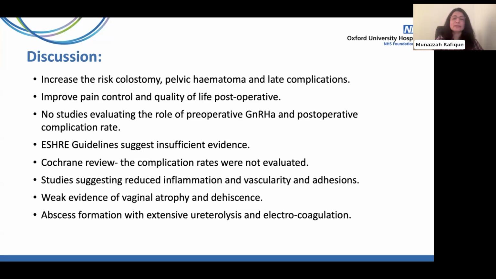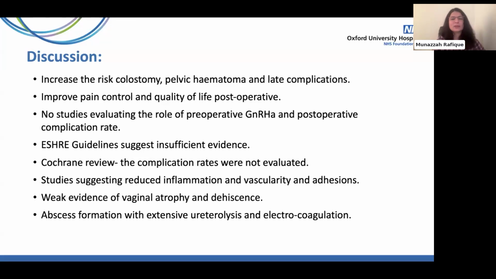However, we find these results. There was no previous study with which we can compare the complication rate with preoperative GnRH use. However, we find that the ASRM guideline suggests insufficient evidence about the complication risk of preoperative use of GnRH. We have 2 Cochrane reviews about the use of preoperative GnRH in severe endometriosis. However, they have not evaluated the complication risk.